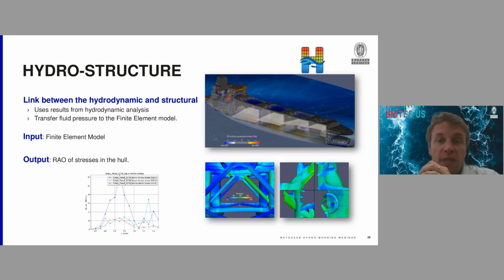In Bureau Veritas, it would be done by Homer. So on top of the input needed for the hydrodynamic analysis, you will need a finite element mesh. And the output will be transfer functions, but this time of stresses in the hull. And this is typically used for spectral fatigue analysis, for instance.